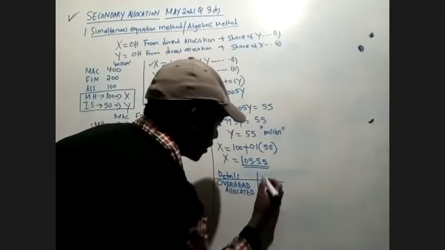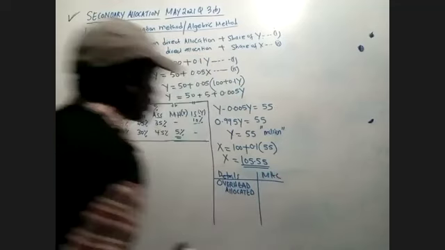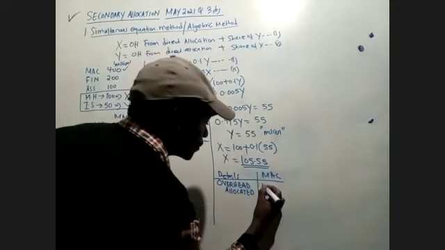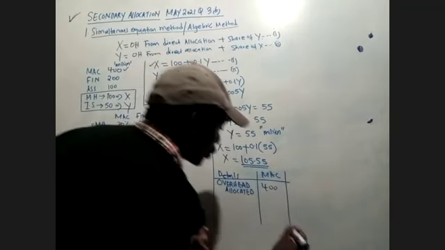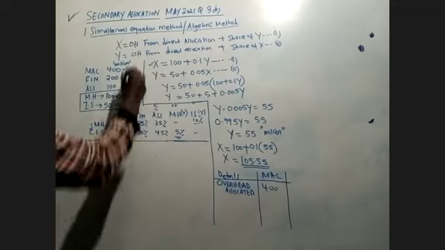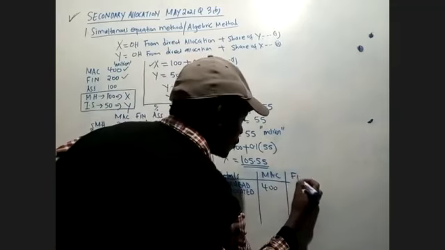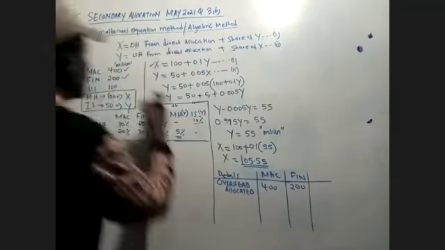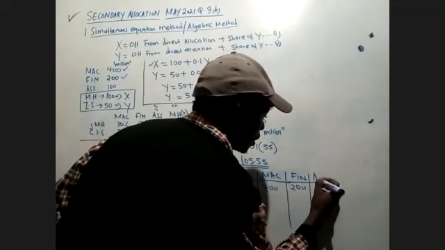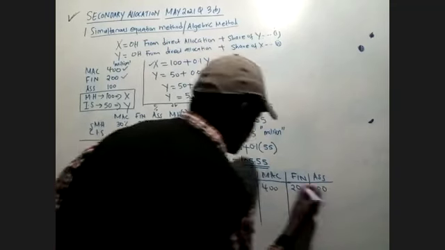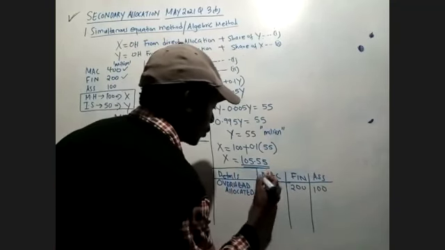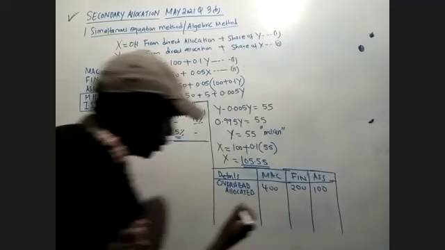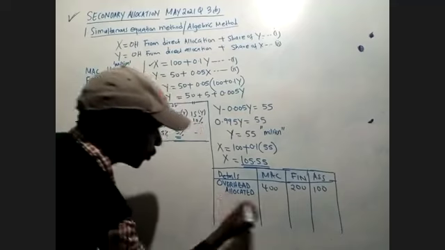So tuko na mark. Already allocated ilikuwa gani? Hii ilikuwa already allocated, ilikuwa the production 400. Mark 200 for finishing 200. Alafu tumalizie assembly 100. This is how you allocate.